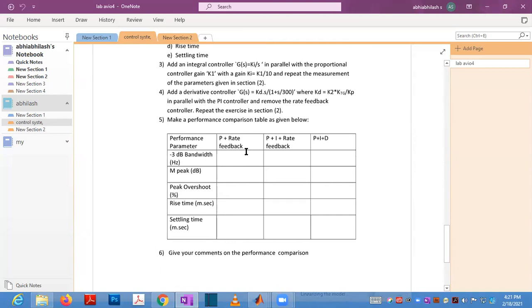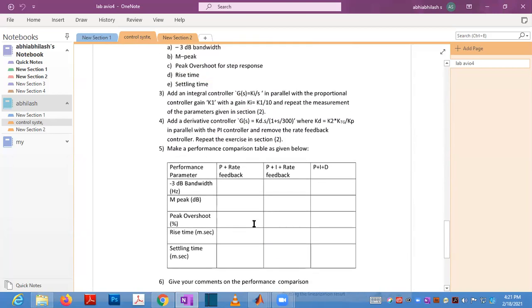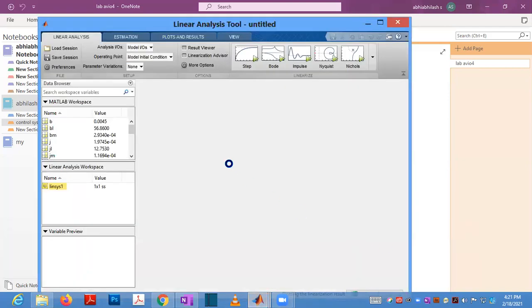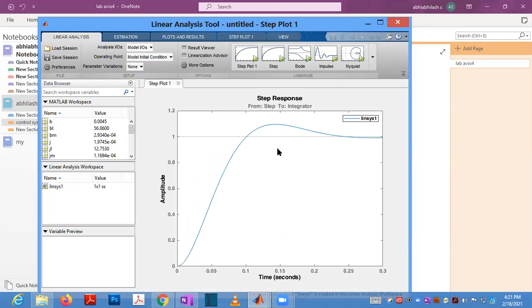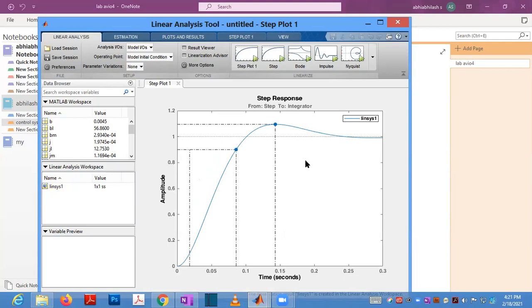On the step response you right click, then you will get the characteristics: peak response, rise time, and settling time.